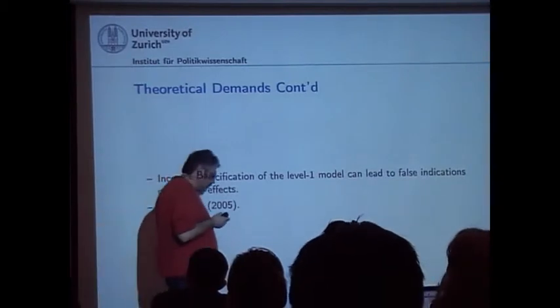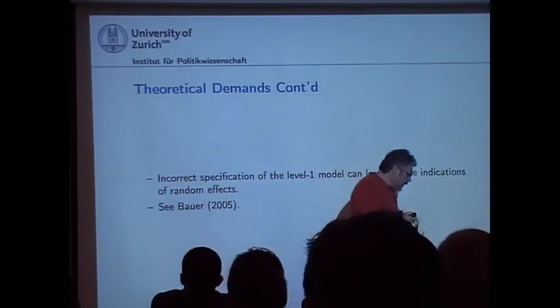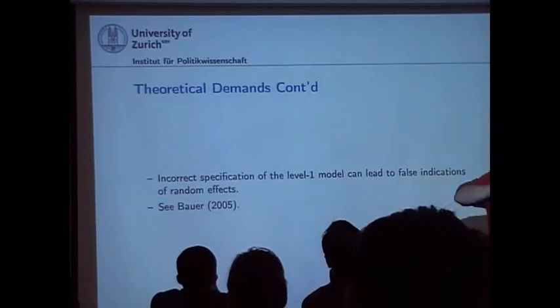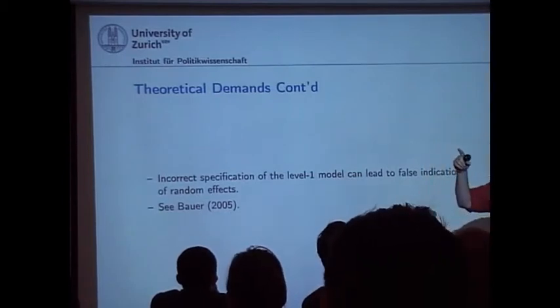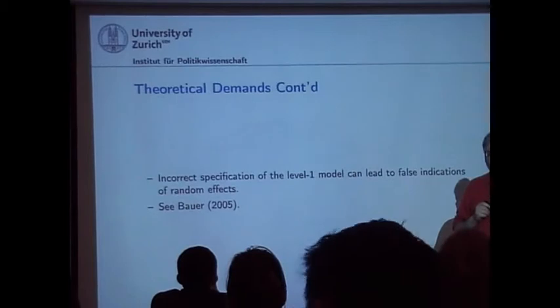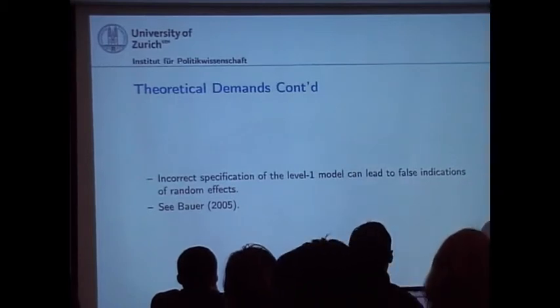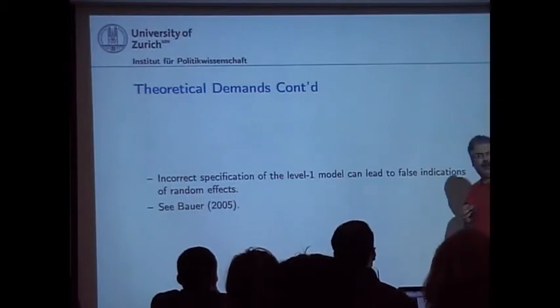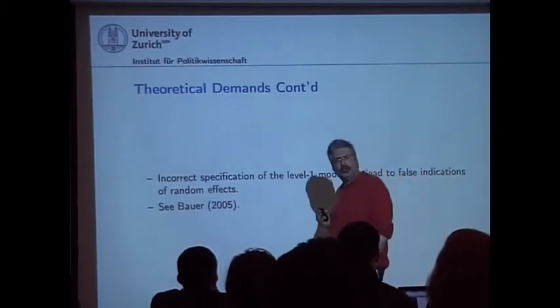There's a simulation study by Daniel Bauer that shows that if you have nonlinear effects of predictors at level 1, and you fail to consider that and say they're all linear, you can get false readings of having varying slopes.